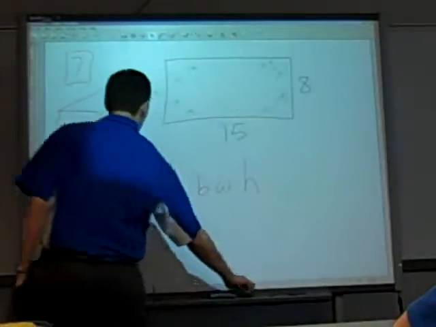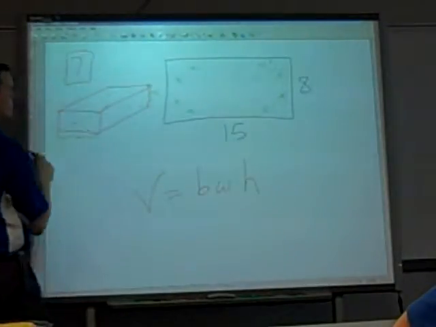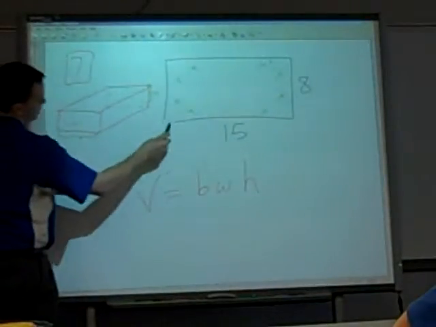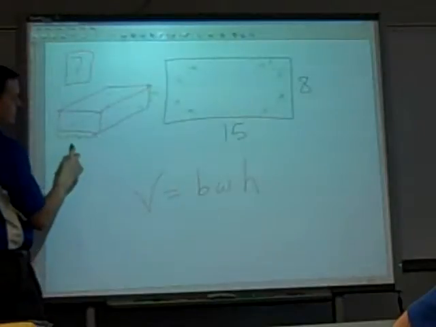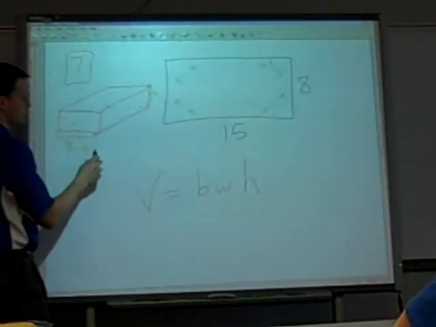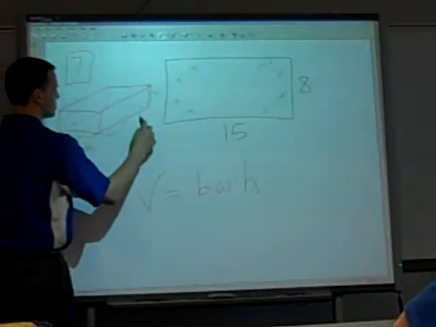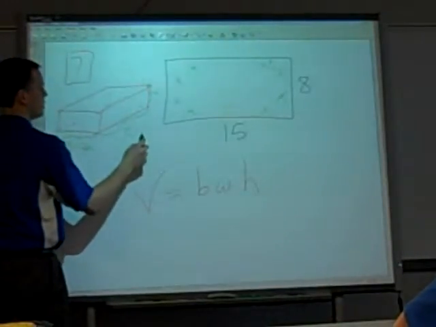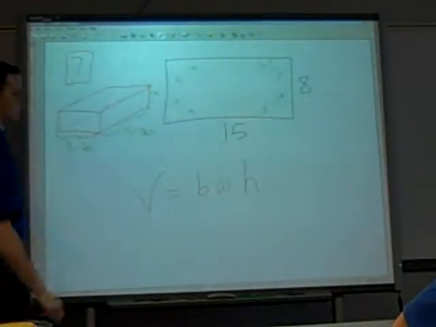So the height is x. Let's use the side: it was 8, and we take off 2x. And this piece was 15 minus 2x.